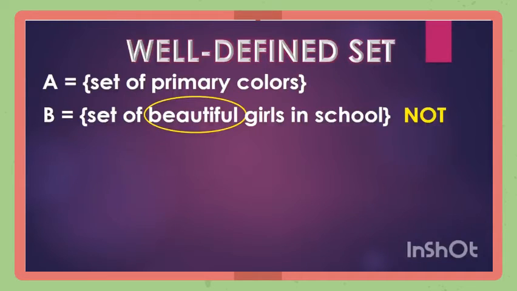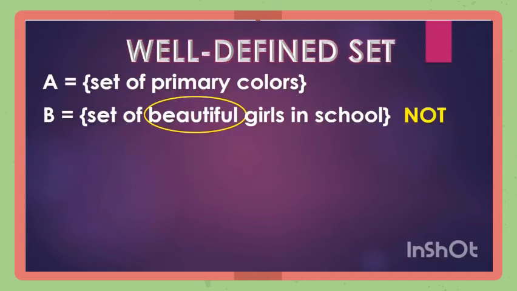Sa'yo, may mas maganda. Or para sa'yo, hindi siya maganda. So, ibig sabihin, it's not well-defined. Hindi natin siya maibibigay na pare-pareho tayo. So, ibig sabihin, this is not a well-defined set.